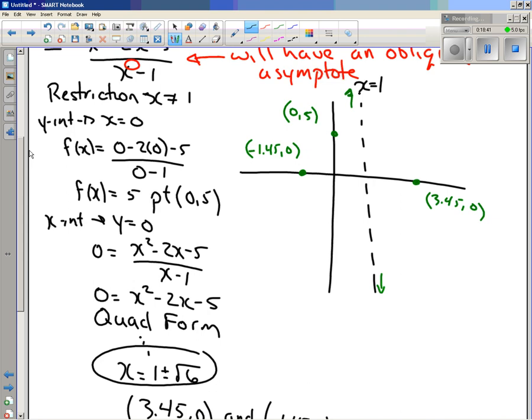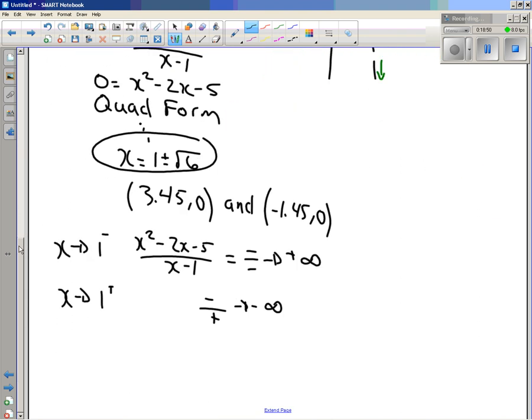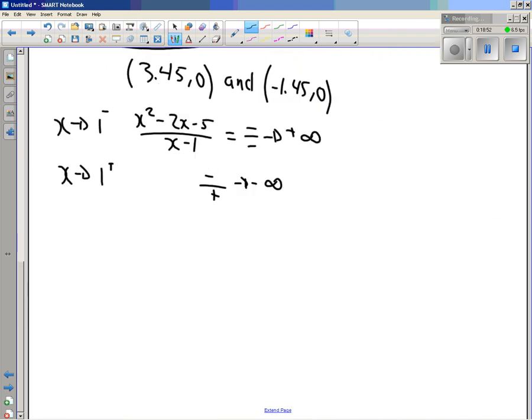So now we have to deal with the end behavior. And the end behavior is where we have to talk about a slant asymptote. So what happens with a slant asymptote is, we're trying to evaluate the function x squared minus 2x minus 5 over x minus 1. This is just a division statement.